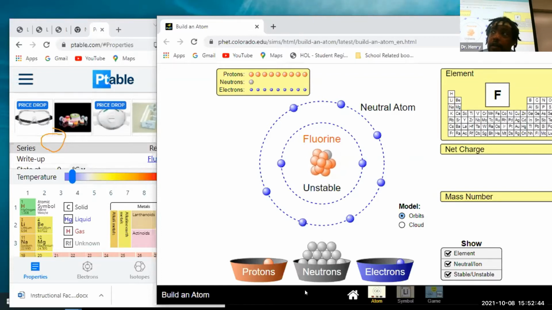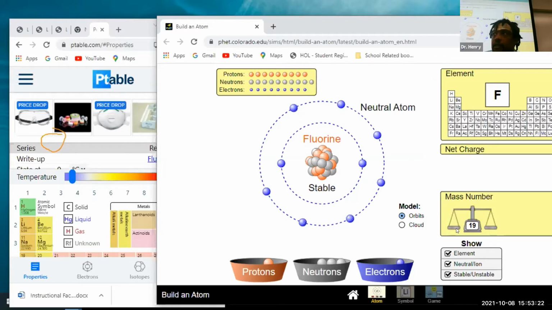So we're going to add enough neutrons to make it stable. Okay, so that one has 10 neutrons.